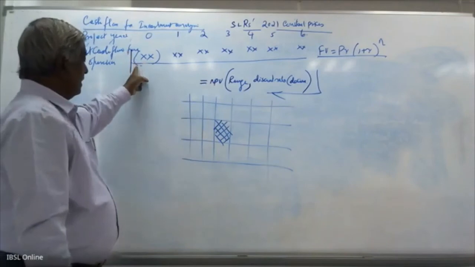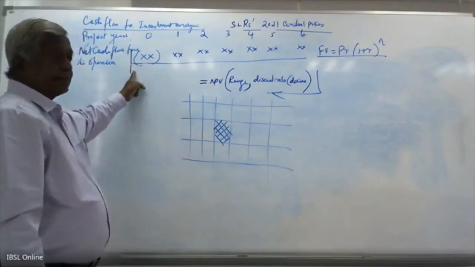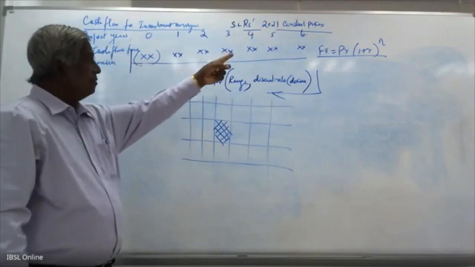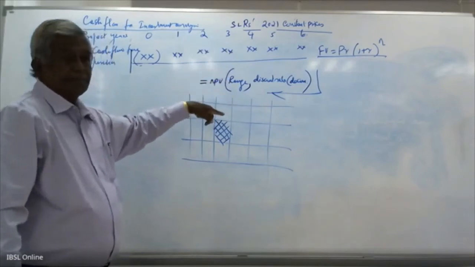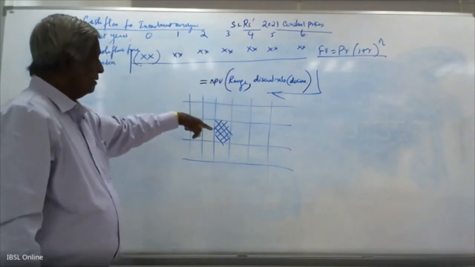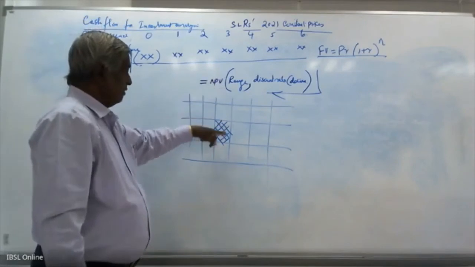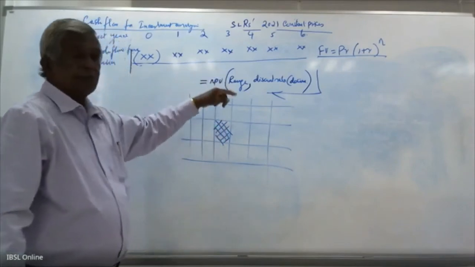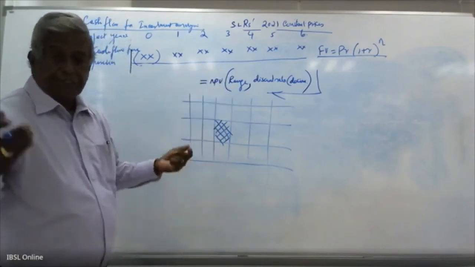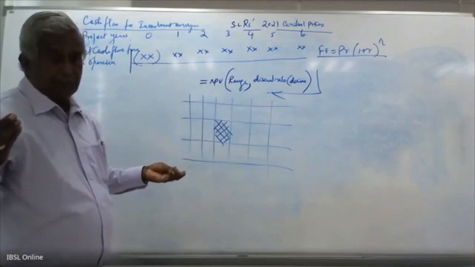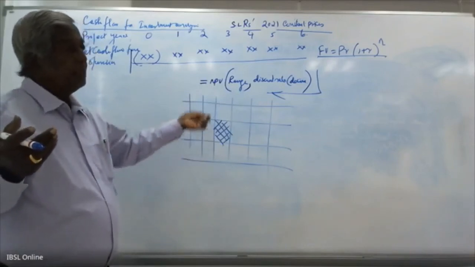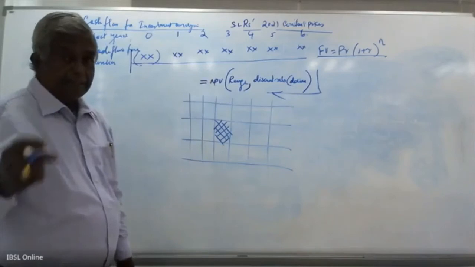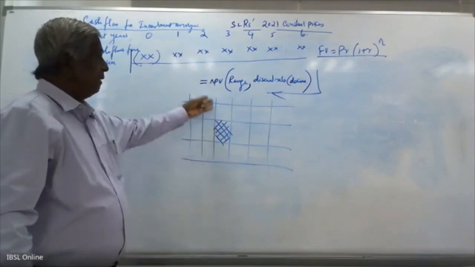Take the cursor here, anchor it, highlight, and put a comma. The computer will come back and ask you for the discount rate. You give which discount rate you want, in decimal. Put the decimal, bracket close, and enter. You will get the NPV answer.